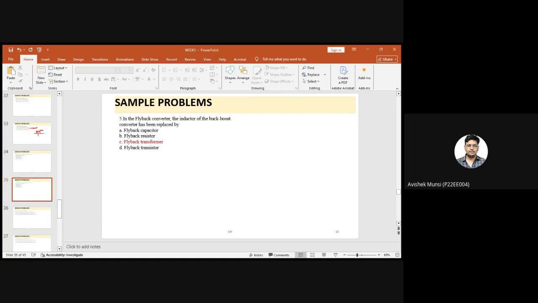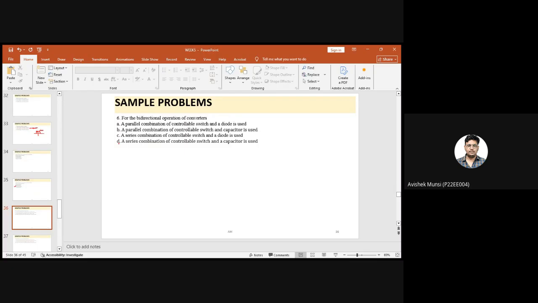Obviously, as I said, in case of the flyback converter, there is a flyback transformer. Okay. Next, for the bidirectional operation of converters, which of the following is the correct statement?